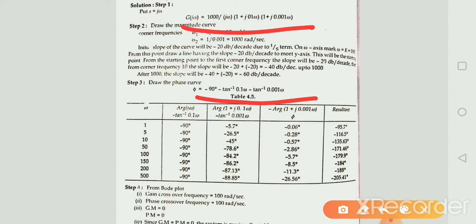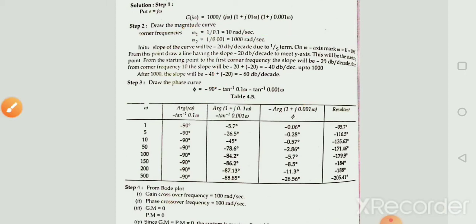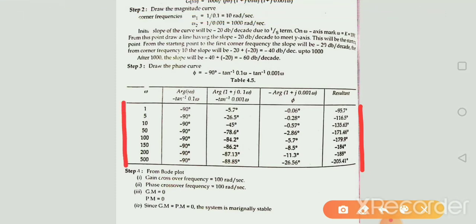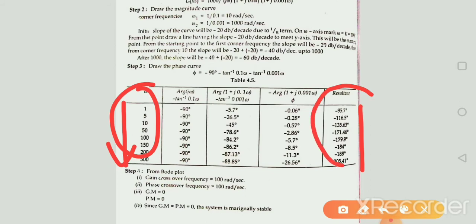Here the first term is minus 90, then the second, then the third angle. When we calculate this angle, we get the resultant angle for each omega value. At omega equal to 1, the angle is minus 95.7, and at 5 it is minus 116.5.